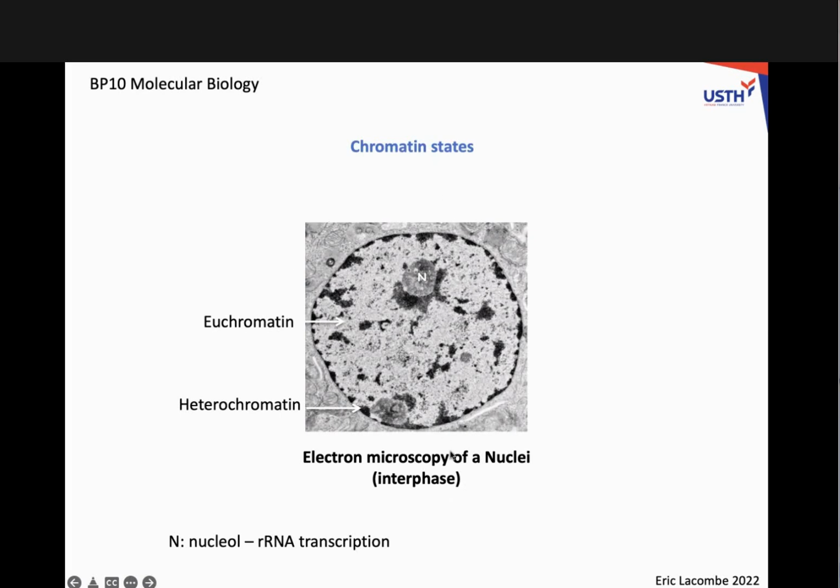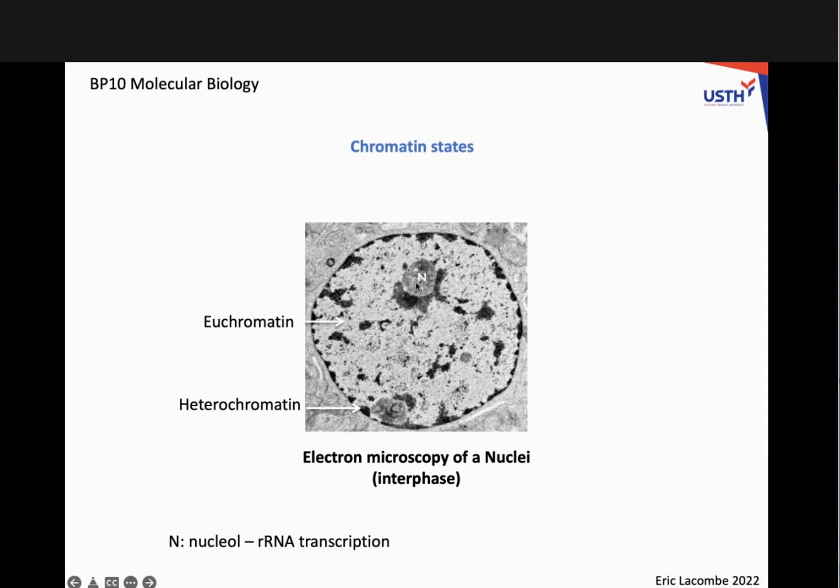The nuclei look like this. So we have the nucleolus. Do you remember what the nucleolus is in the nuclei? Is it where the RNA is? Yes, this is the site of synthesis of transfer RNA and ribosomal RNA.